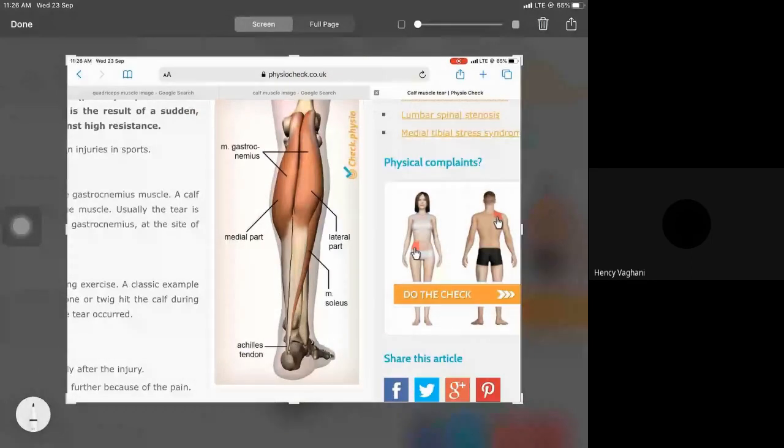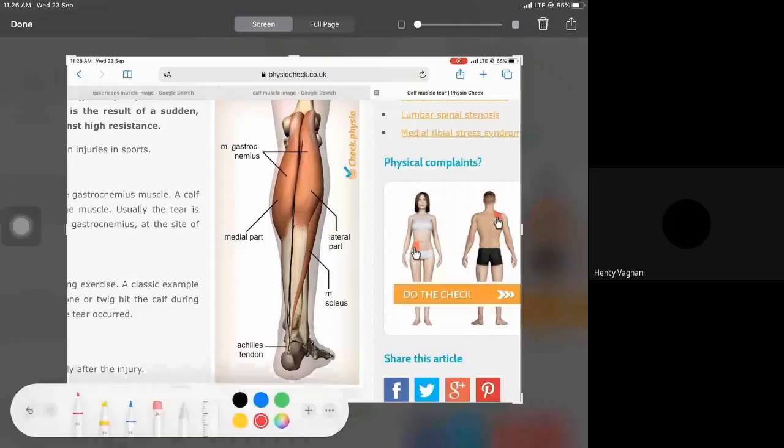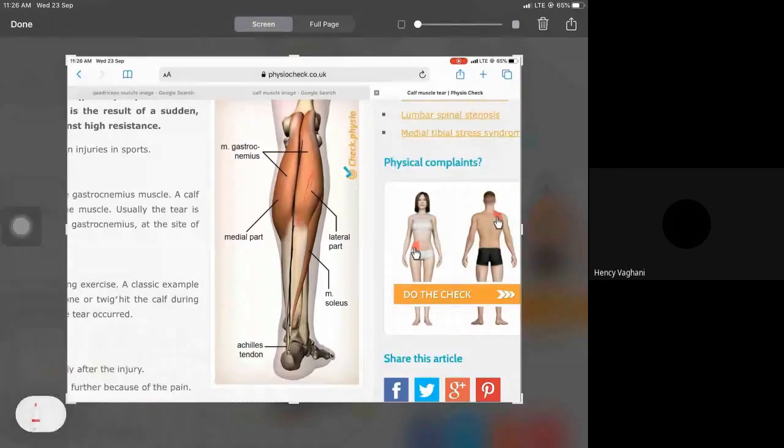Here I am drawing a line along the long axis of the tendon, and if you take the muscle, you see the muscle fiber is running obliquely here, and it is having insertion at an angle.